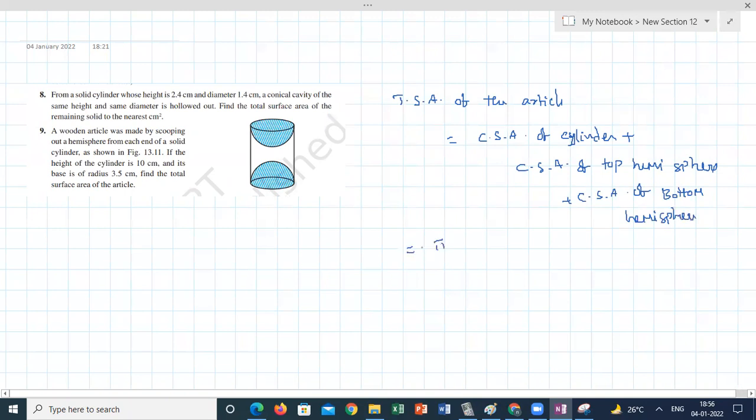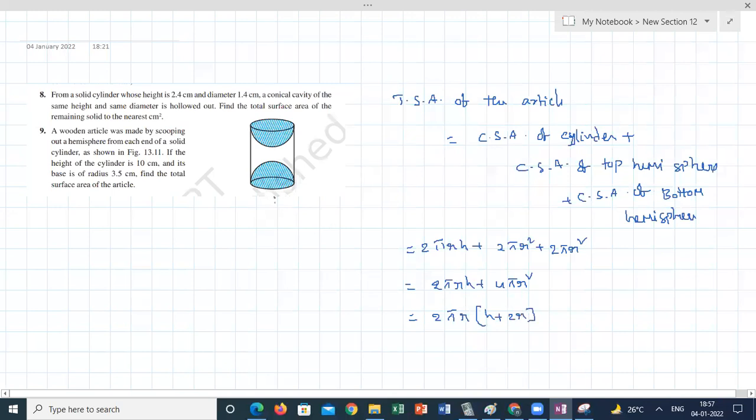So this is 2 pi r h plus 2 pi r square plus 2 pi r square, which gives 2 pi r h plus 4 pi r square. If I take 2 pi r common, h plus 2r.